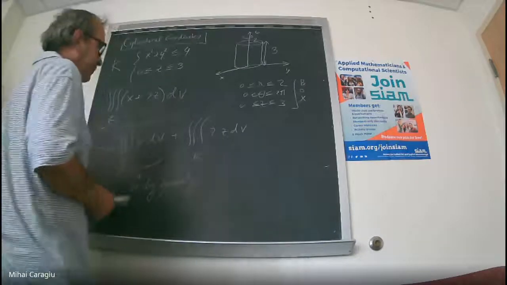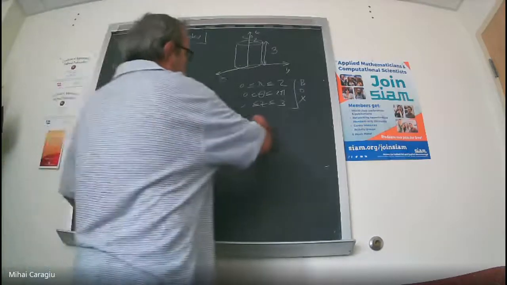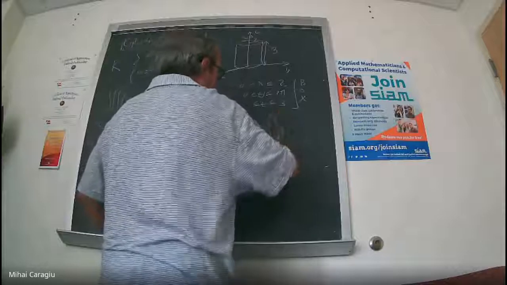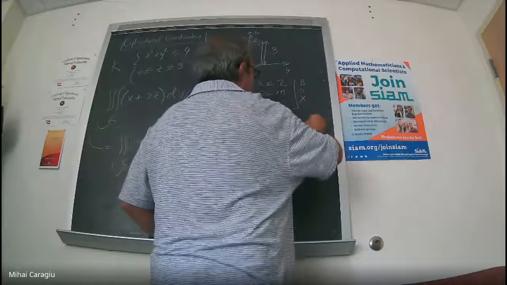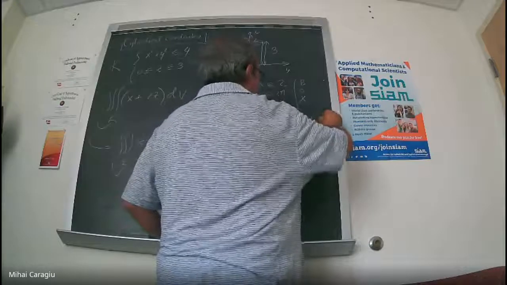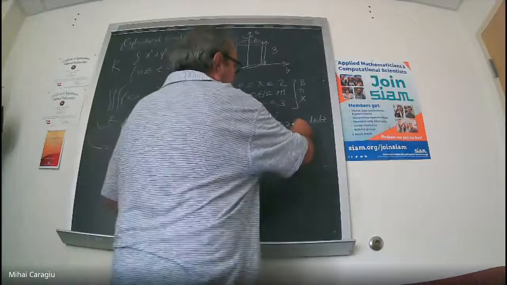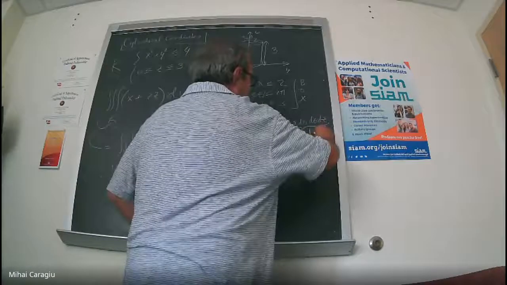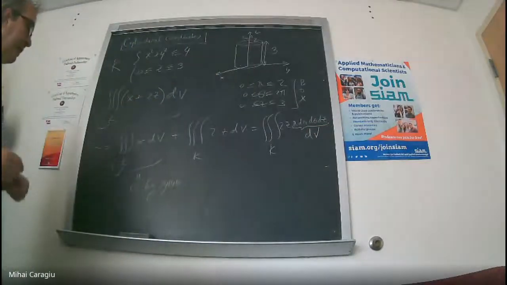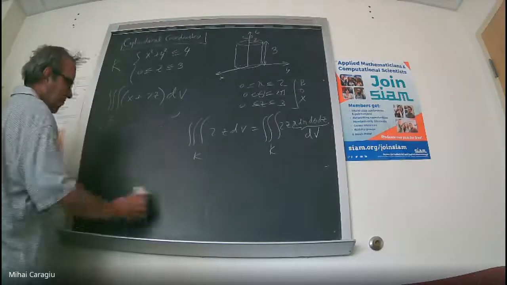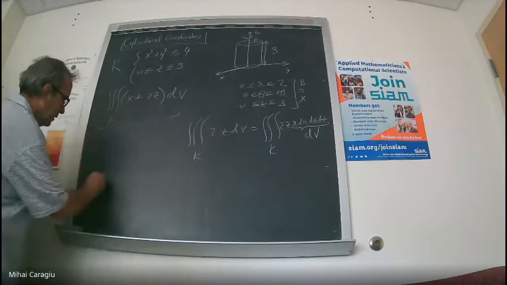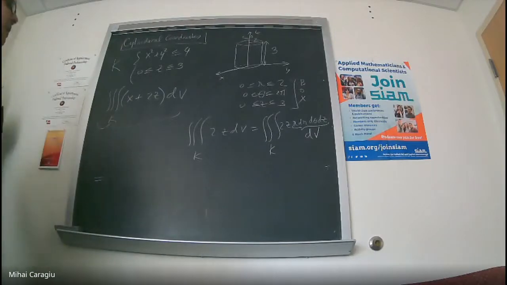Using cylindrical coordinates, it is the triple integral over K of 2z times r dr d theta dz. Right? Because r dr d theta dz is the volume element in cylindrical coordinates. Okay, so let's continue.